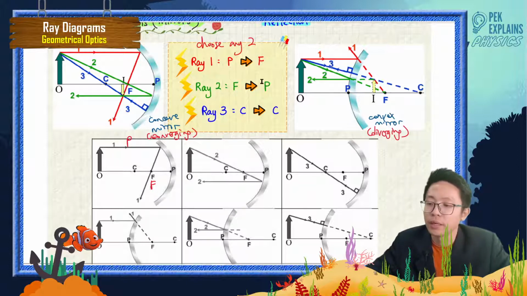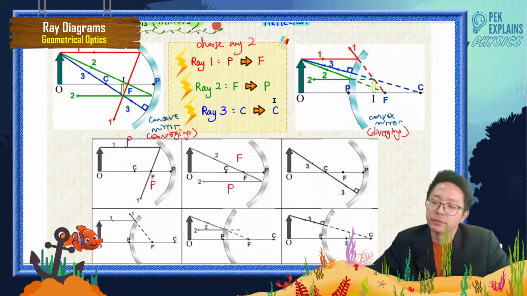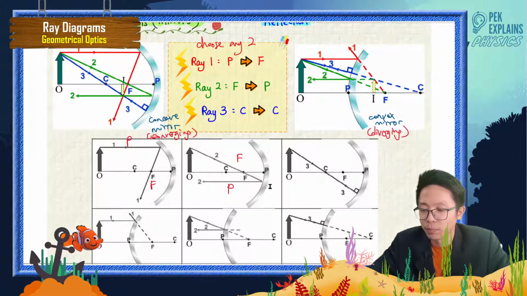That's the first ray. The second ray goes towards the focal point, through the focal point, and then comes out parallel. Parallel to focal point to parallel.